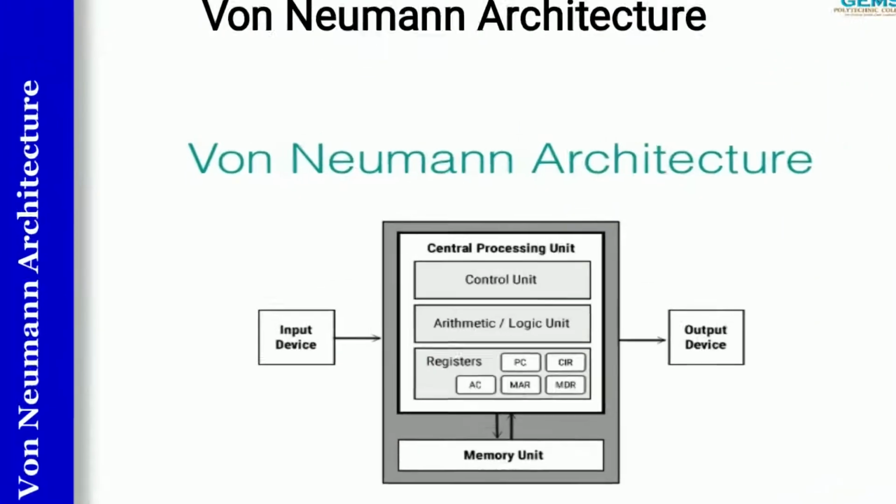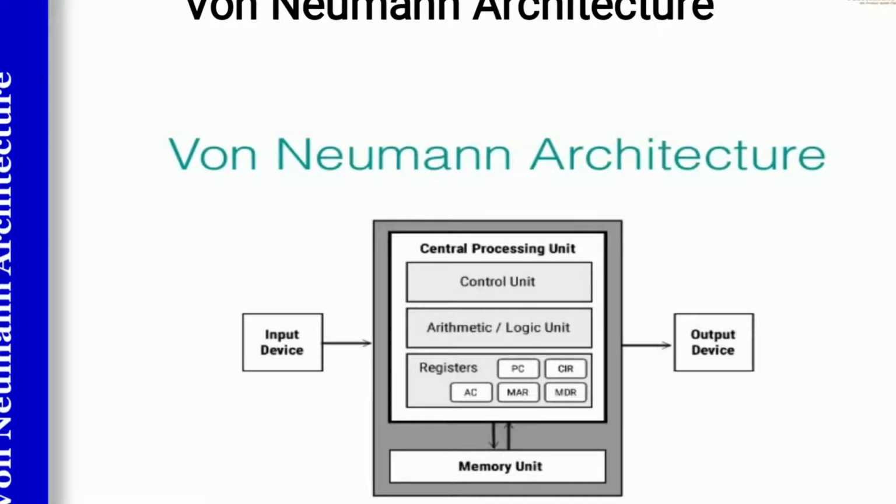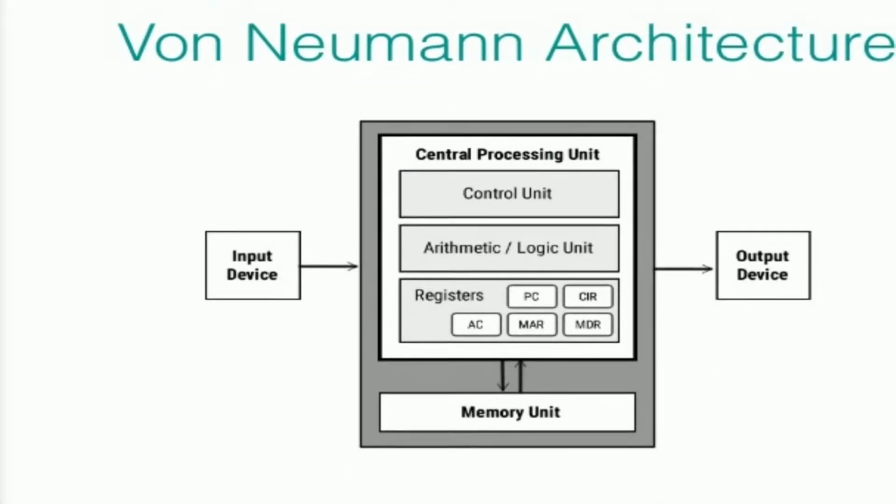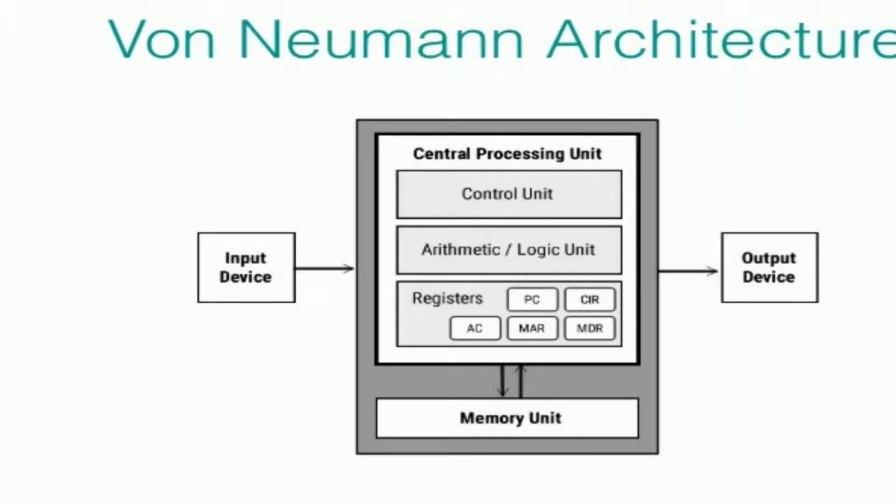This is a diagram of Von Neumann architecture. Look at here. Input device on one side, output device on the other side. In between is the central processing unit. This central processing unit contains three parts: the control unit, the arithmetic logic unit and registers.